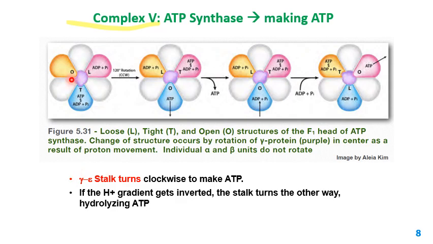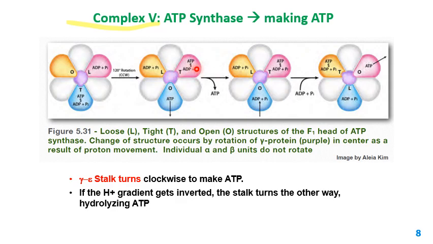So when the stalk is moving clockwise, it is going to have an impact on those subunits that are part of your F1 complex, okay? So when this thing goes this way, when it hits the beta subunit, it is going to crank up this enzyme to allow for synthesis of ATP. So it goes clockwise, it's going to get ADP and phosphate, and it's going to make ATP.